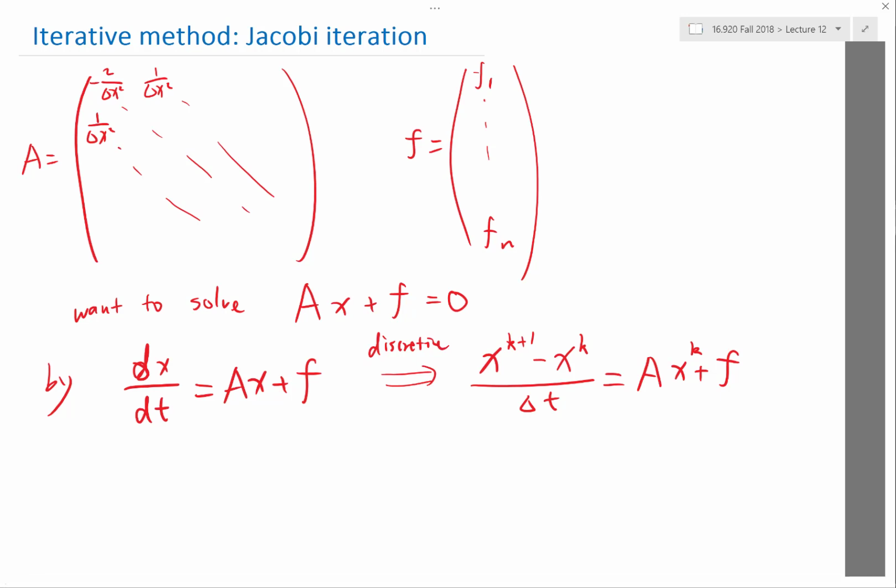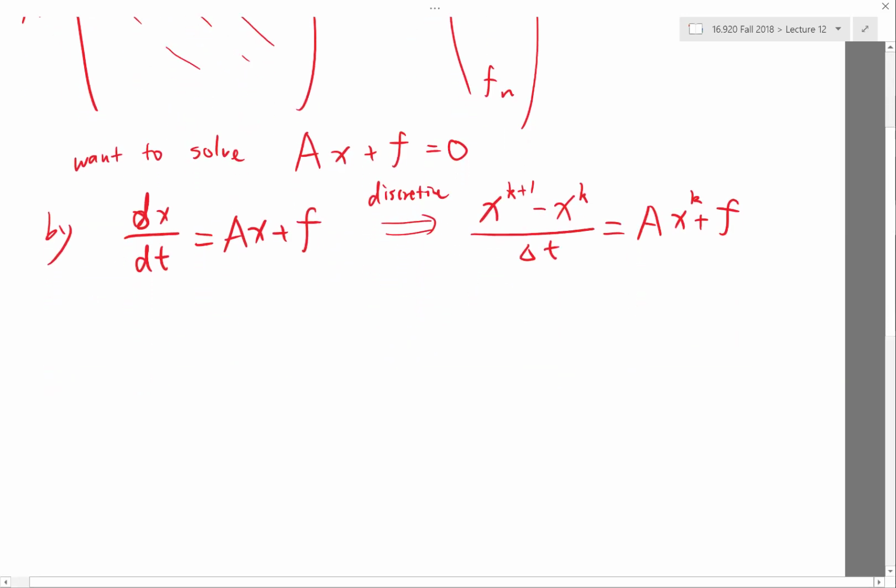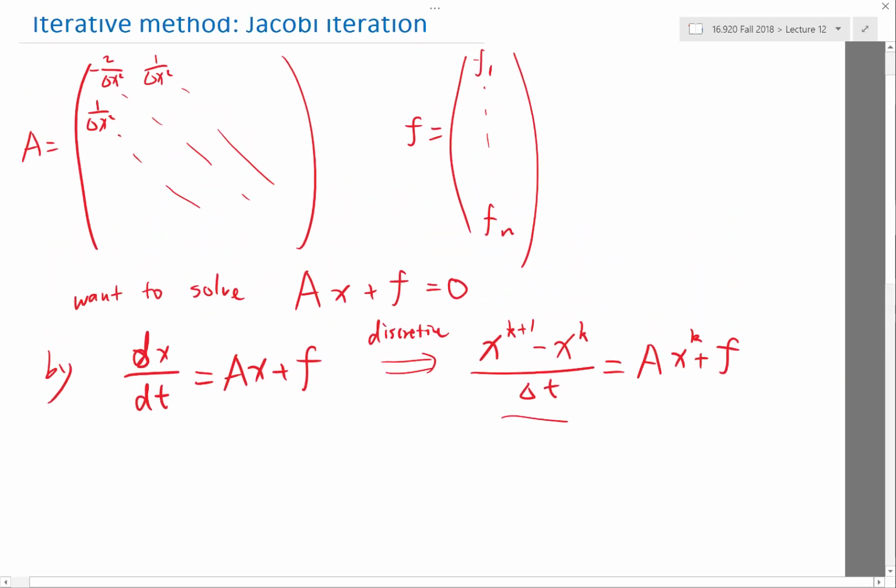So one answer is, I want to choose it to be as high as possible as long as this whole thing is still stable. Let me try that choice, and you're going to see what problem I'm going to get. Okay, so how do we figure out what's the maximum delta t so that the whole thing is going to be stable?